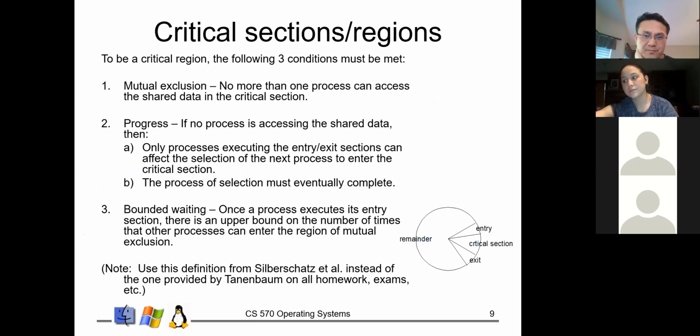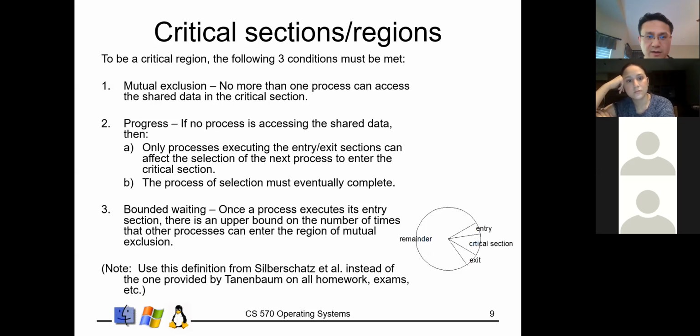So here are some definitions for critical section. Essentially, we need to have 3 conditions for a critical section or region. The first one is that it provides mutual exclusion. No more than one process can access the shared data in the critical section.